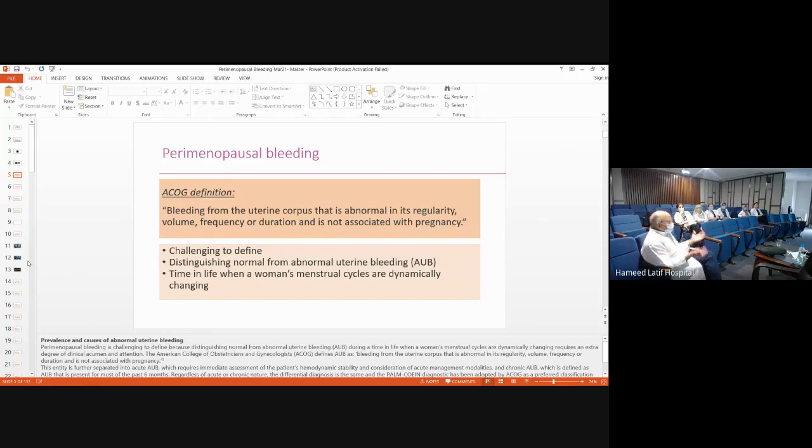It may be completely physiological, normal, because the ovary is passing through that stage when its own rhythm is not necessarily the same as it was previously. So it is difficult to define normal from abnormal, and one must bear that in mind when you are finding out the cause or when you are going to treat that.